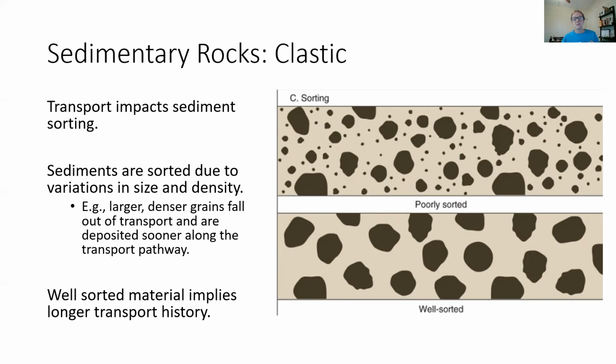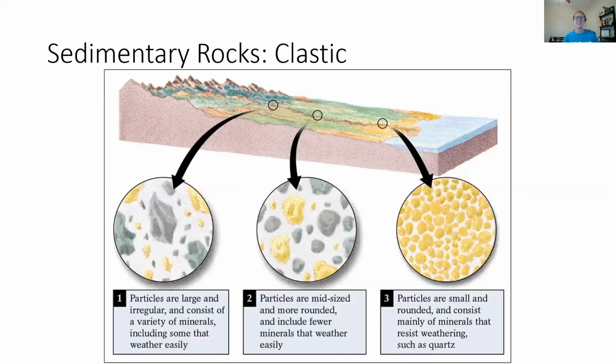So by the time you get to the beach, all the material is pretty much the same size, right? You pick up a handful of sand on the beach and it's all the same size sand. You couldn't do that up in the mountains. Right, so in summary, as clastic material is transported, it becomes smaller, more well-rounded, and more well-sorted.